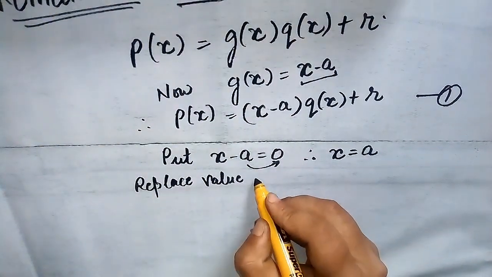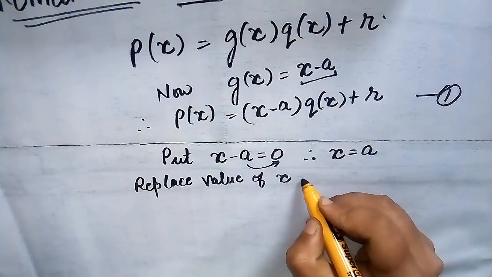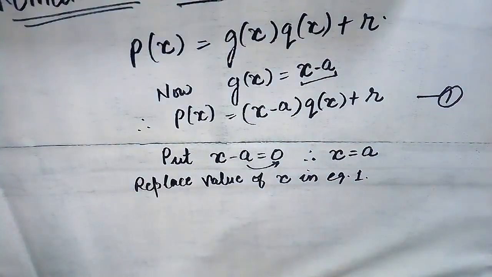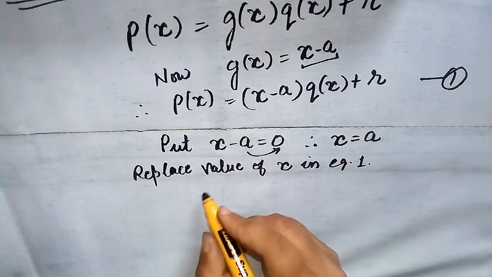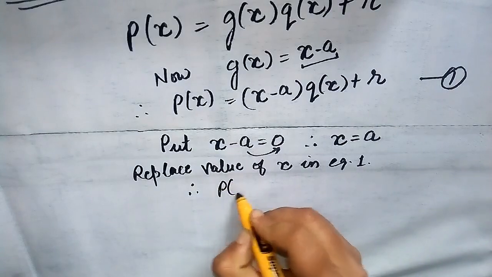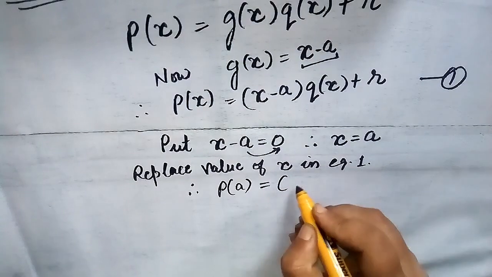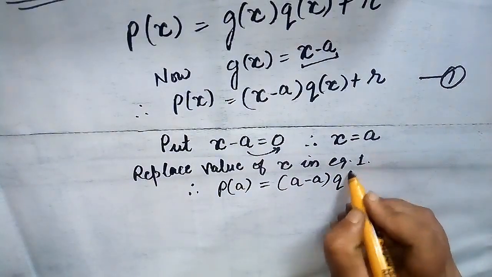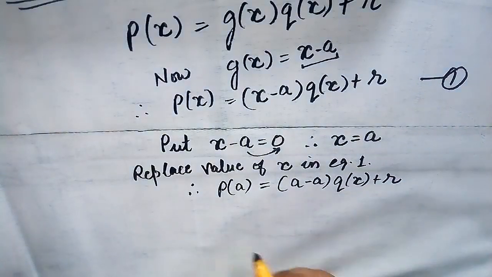You know the value of x is equal to a, so replace the value of x in equation number 1. Now let us see what will happen. p(x) is the name of polynomial, so replacing x by a, it will be p of a, and x minus a will become a minus a whole into q(x) plus r, that is remainder.